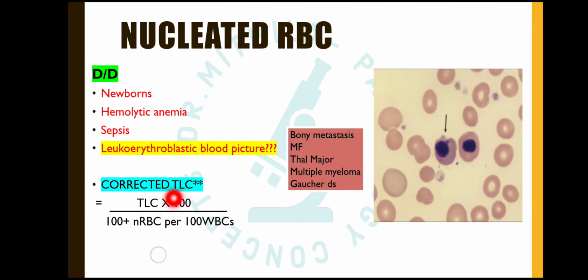So we have to do the correction for the TLC. And how do we correct it? Corrected TLC is TLC into 100 upon 100 plus nucleated RBCs which are seen per 100 WBC. So we calculate the number of nucleated RBCs seen per 100 WBCs, and we apply this formula for the corrected TLC. We have to give the corrected TLC in case we see nucleated RBCs in the peripheral blood smear.